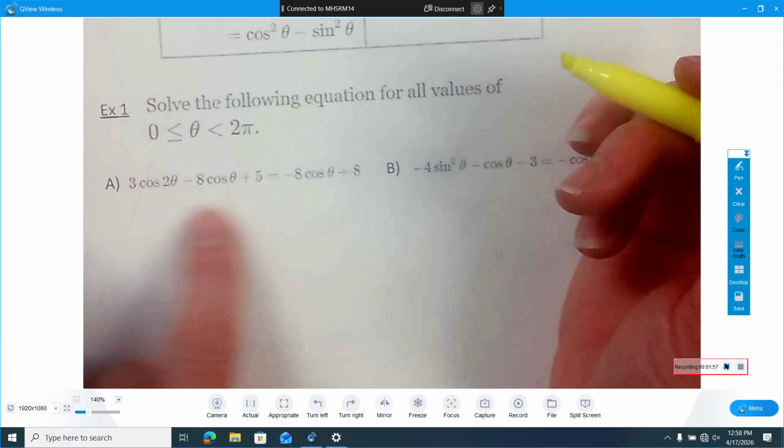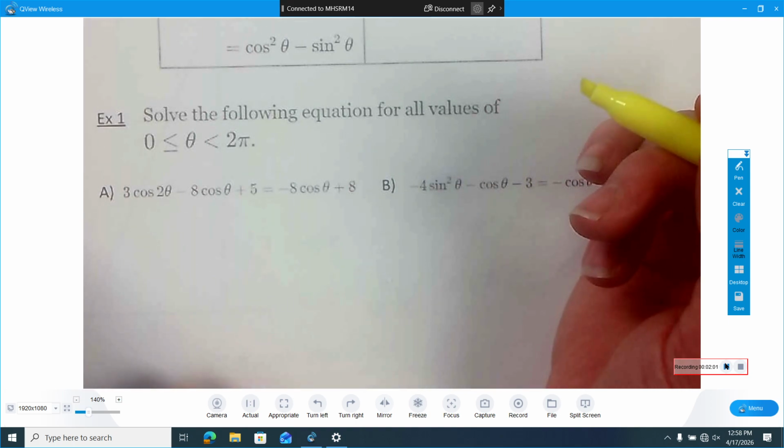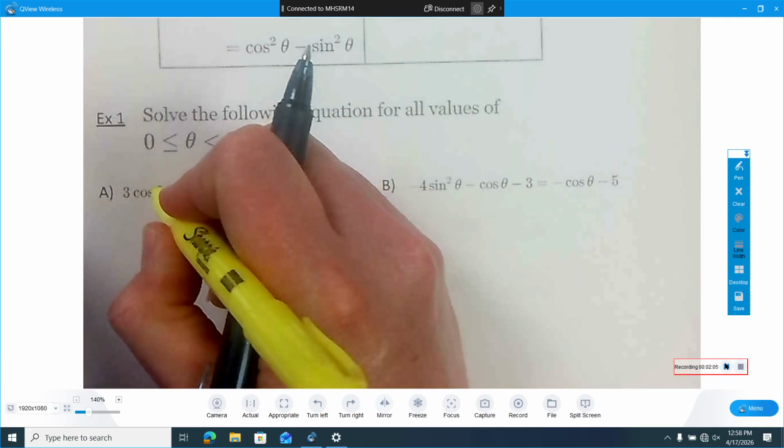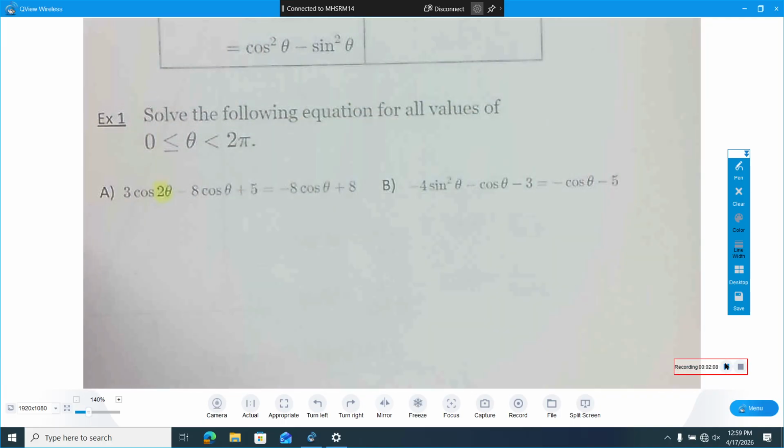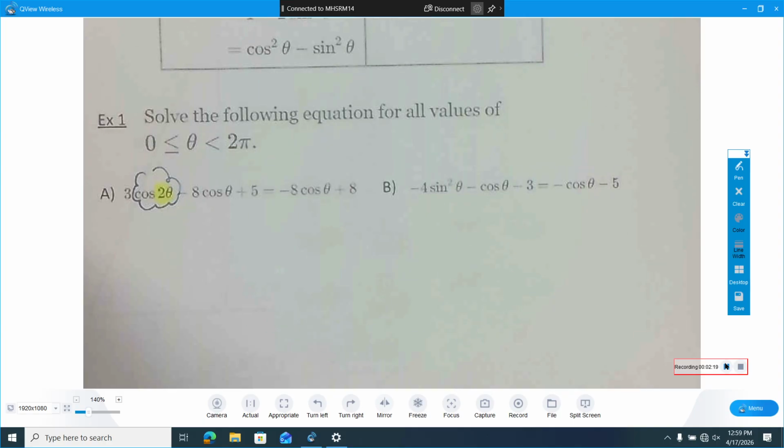Is there anything in this equation that's standing out that's kind of weird? The 2, yeah, right here is the double angle. We cannot have that. And so we are going to do a little substitution on that double angle. We cannot solve with that double angle worked in there.